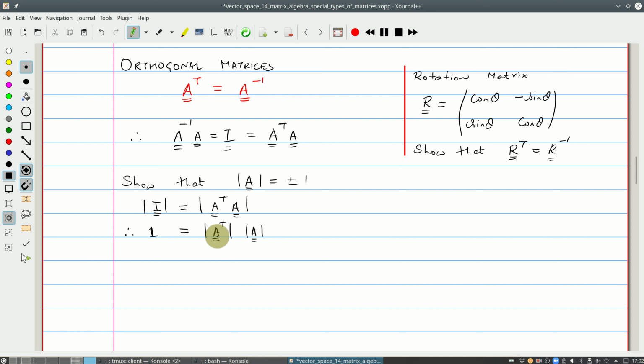The determinant of the transpose of a matrix is simply the determinant of the matrix. Now we are using all these results without proof of what the determinant does to matrices. So that's just equal to the determinant squared. Therefore, we get our result. The determinant of A is plus or minus 1.